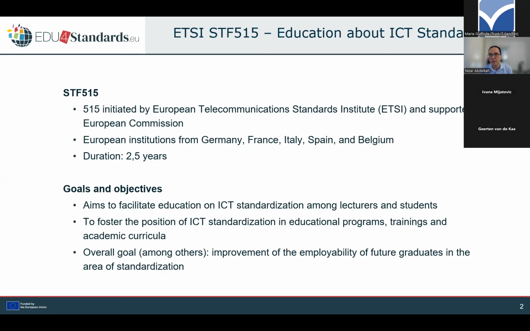The authors that developed the materials come from different institutions in Germany, France, Italy, Spain, and Belgium. For the first edition of the book, we needed 2.5 years.